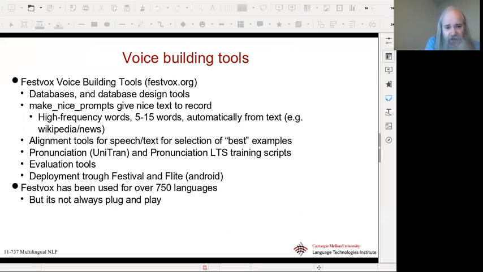And it's got ways to deploy the built voice under the Festival Speech Synthesis system and the Flight, which is a small footprint one, which importantly runs as a synthesizer on Android. So actually you can build a voice, get a single file, and then you can run it on your Android device. And especially when you're doing low resource languages, the end users probably have Android phones rather than iPhones, because iPhones are more expensive.